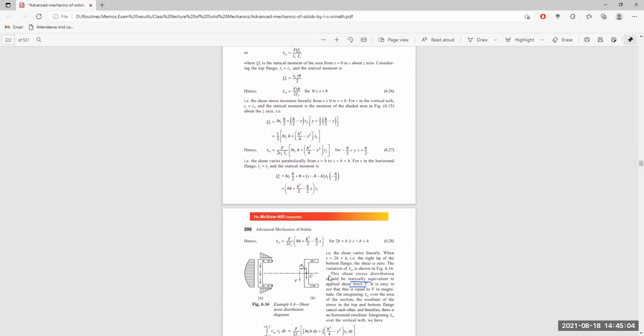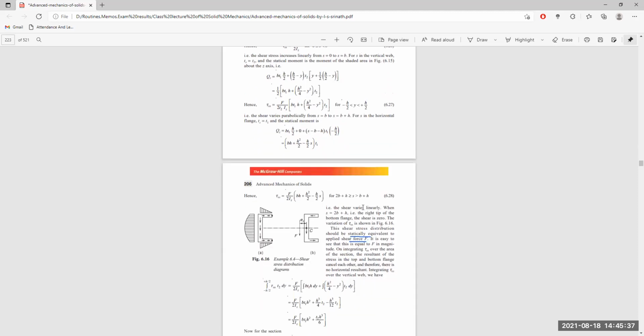Now, if we put this value in the equation of tau x, it will become F by 2I, and this T1 will cancel, and bh squared by 2 minus this, where s is equal to b plus h.